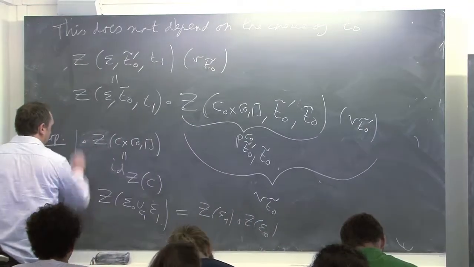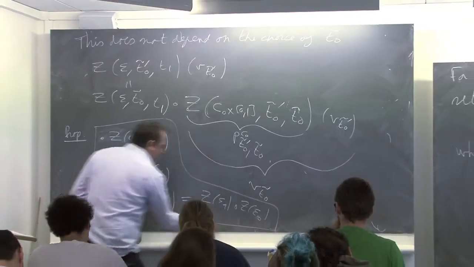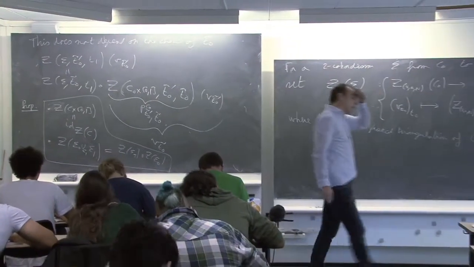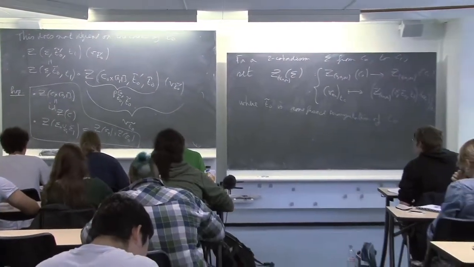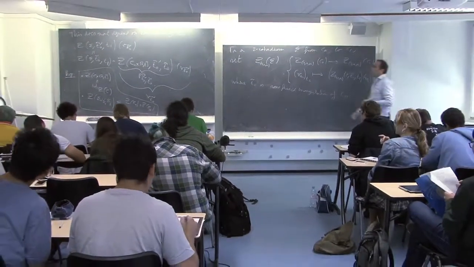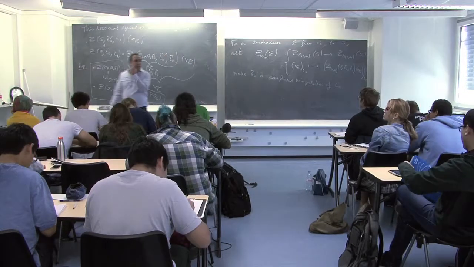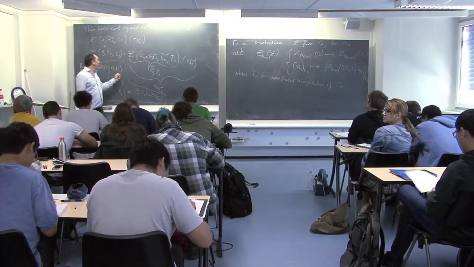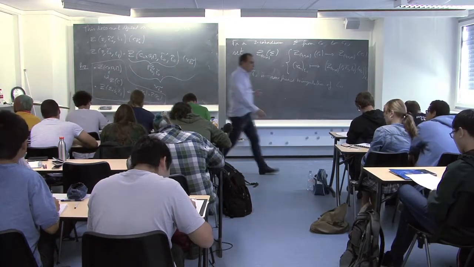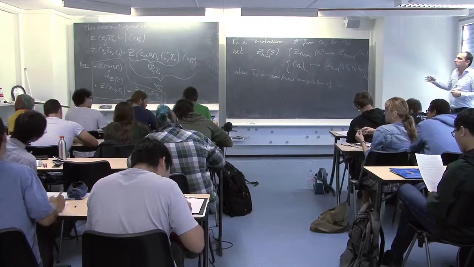Okay, so you can prove this for next time. These properties actually tell us that we obtain a topological quantum field theory. Next time, I will define the notion of a topological quantum field theory, and I will explain that this is a two-dimensional TQFT. And then we will classify all two-dimensional TQFTs.